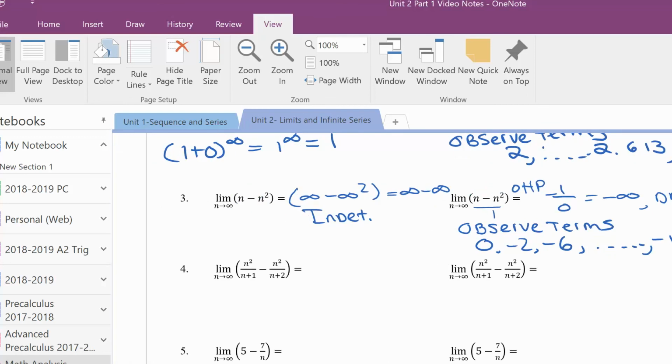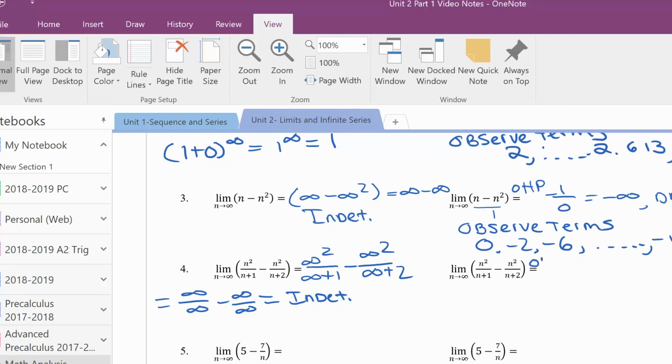Notice this one we're coming back to that we did previously, that we put infinities in. So here it'd be infinity squared over infinity plus 1 minus infinity squared over infinity plus 2. And remember, we said that's infinity over infinity minus infinity over infinity, which means it's indeterminate. So another method that we could use would be to observe highest powers.